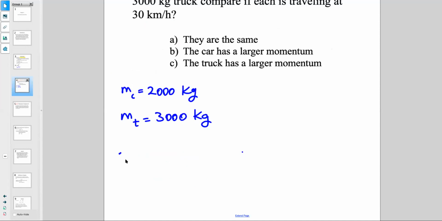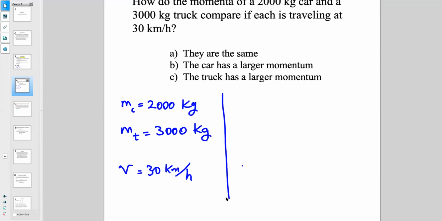The velocity of each is 30 kilometers per hour. Since we want to compare, I am not changing this unit to meters per second; I am keeping it as kilometers per hour.